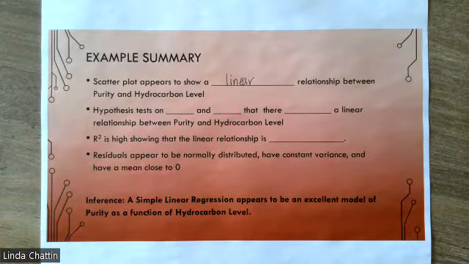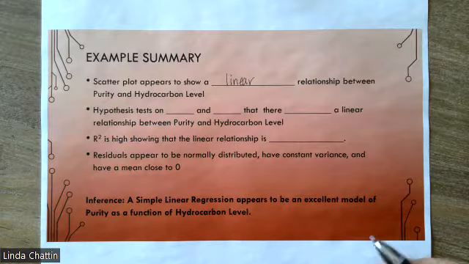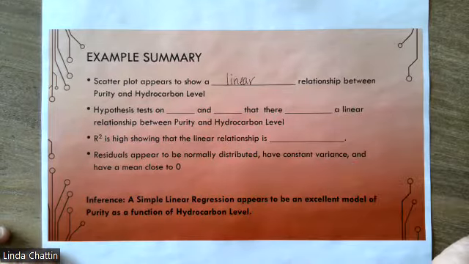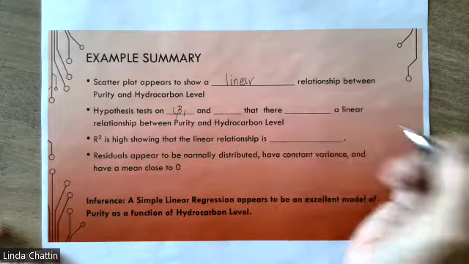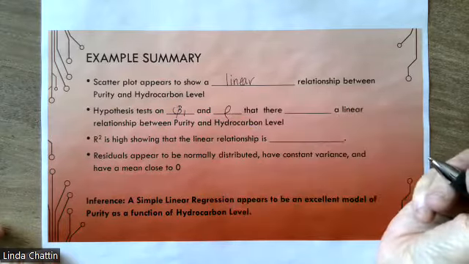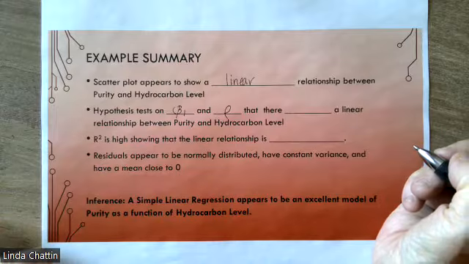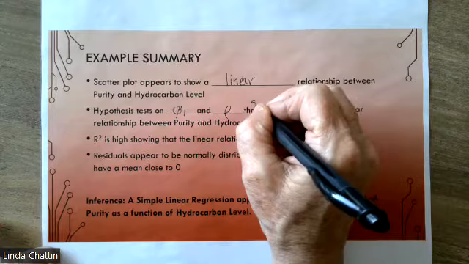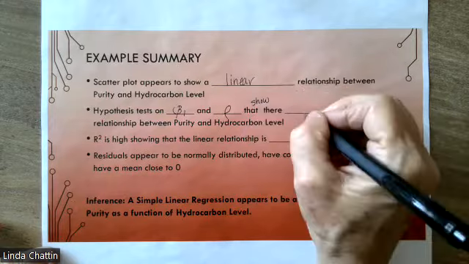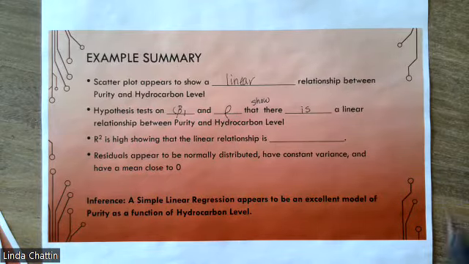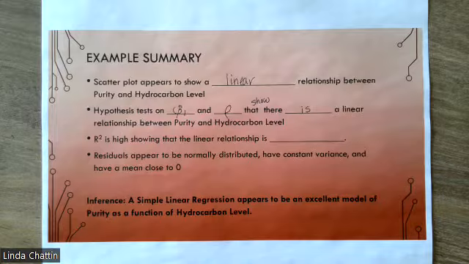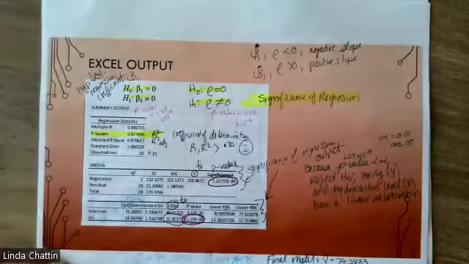Then we did a hypothesis test on beta 1 and on rho. It shows that there is a linear relationship between purity and hydrocarbon level. How do we know that? Because we did the hypothesis test.